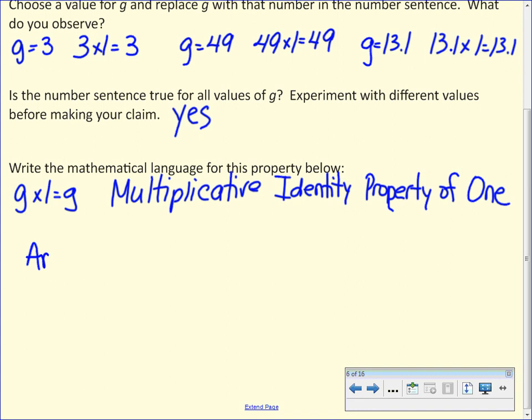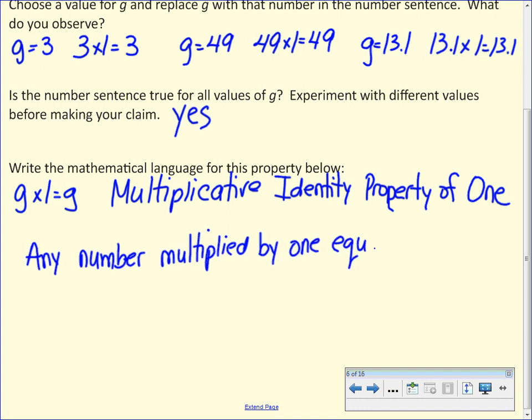So we can summarize by saying any number multiplied by 1 equals itself. Okay? Pretty straightforward. So adding 0 keeps the identity, multiplying by 1 keeps the identity.